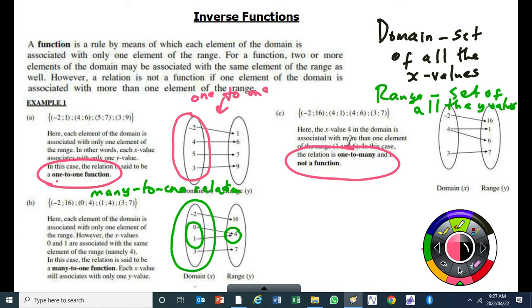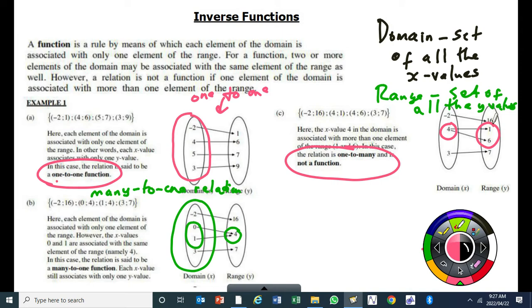So here we have got a situation where one input gives us two outputs. Because of that, that relationship is not a function. So there are only two types of functions: one-to-one functions like linear functions, and many-to-one functions like a quadratic function.